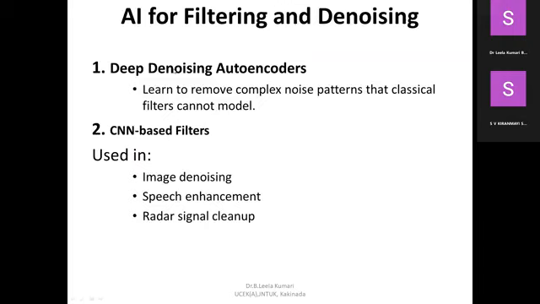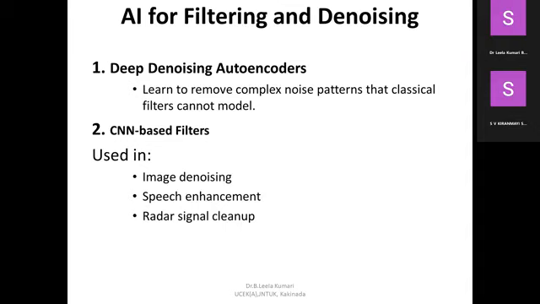And AI for filtering and denoising. AI-based filtering techniques are revolutionizing signal processing. Deep denoising autoencoders can handle complex noise patterns that classical models cannot describe. Similarly, CNN-based filters are widely used in image denoising, speech enhancement, and even radar signal cleanup and RF fingerprinting.